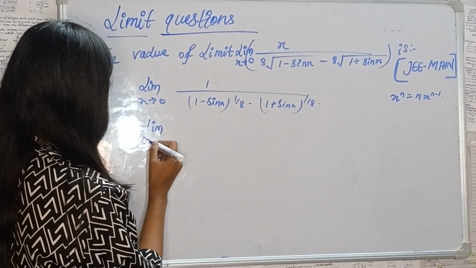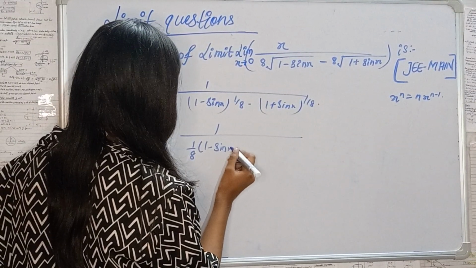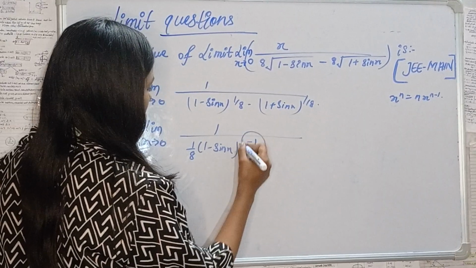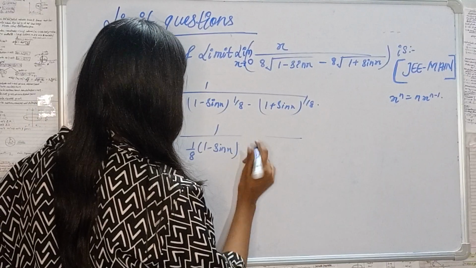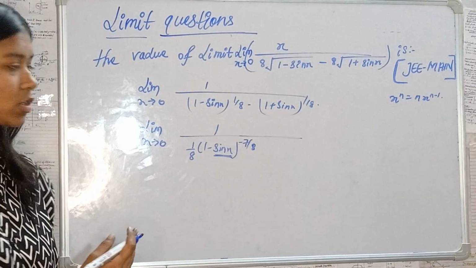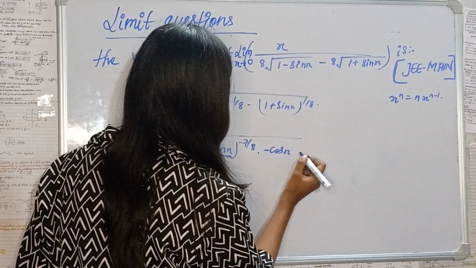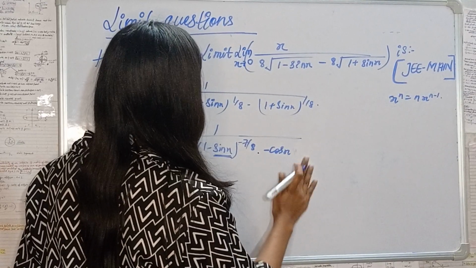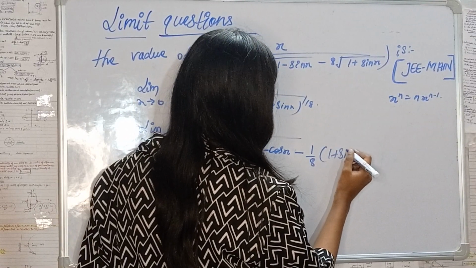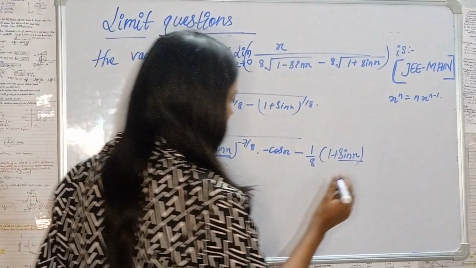What would happen: the limit as x tends to 0 of 1 upon 8 times 1 minus sin x to the power 1 by 8 minus 1. If you solve this, we get minus 7 by 8, and the differentiation of sin x is cos x, but with the negative sign it would be minus cos x. Again for this part, it is minus 1 by 8 times 1 plus sin x to the power minus 7 by 8, and the differentiation of sin x is cos x.